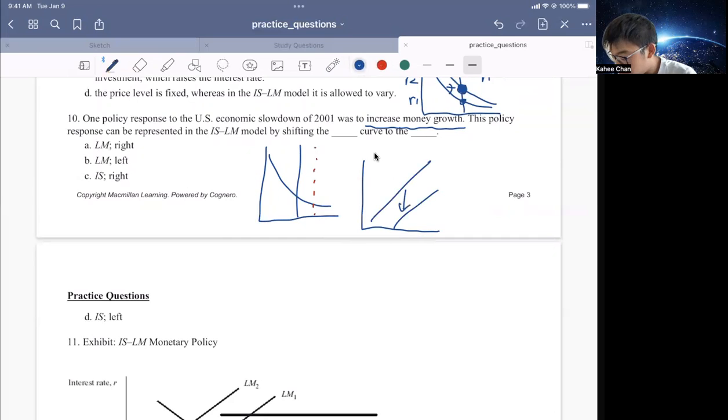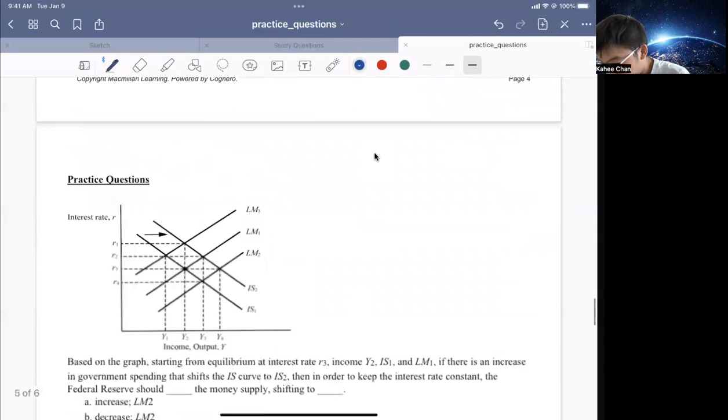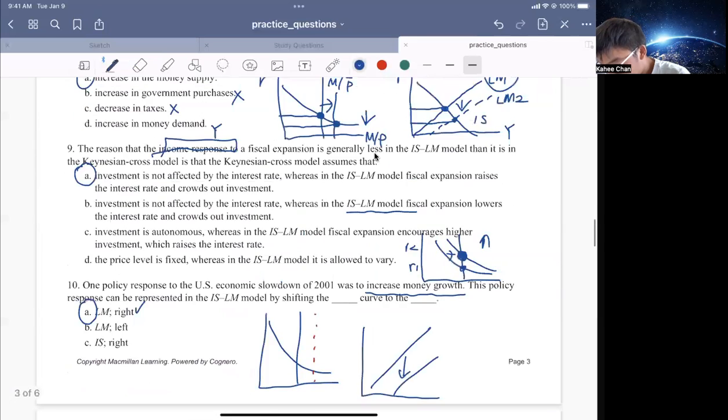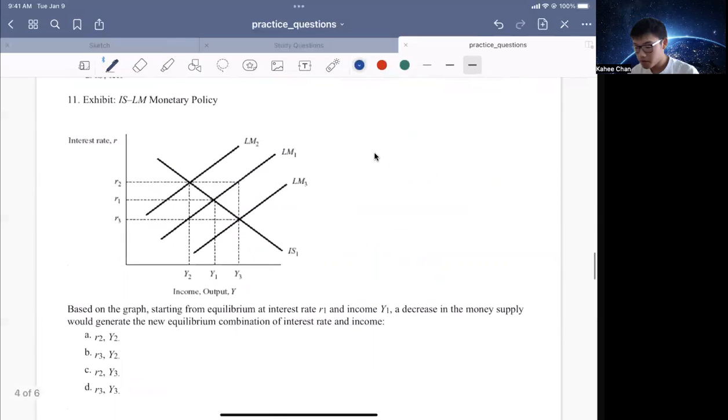So the LM curve is shifting to the right. So A is the answer. Let me check this. Yep. And number 9 is also A. Perfect. 11.